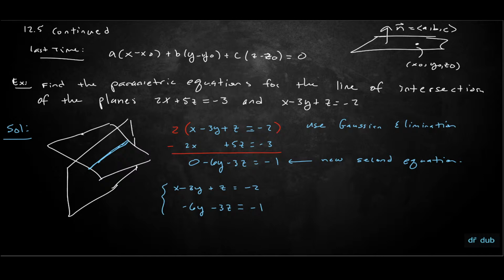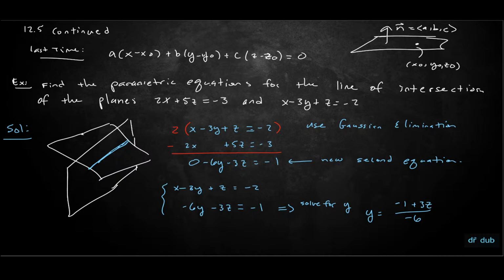So what I can do is say one of my variables is free. If I take this last equation and solve for y, we'll get y equals -1 plus 3z all over -6. So I can get y in terms of z, and then I can plug that into the first equation and get x in terms of z.